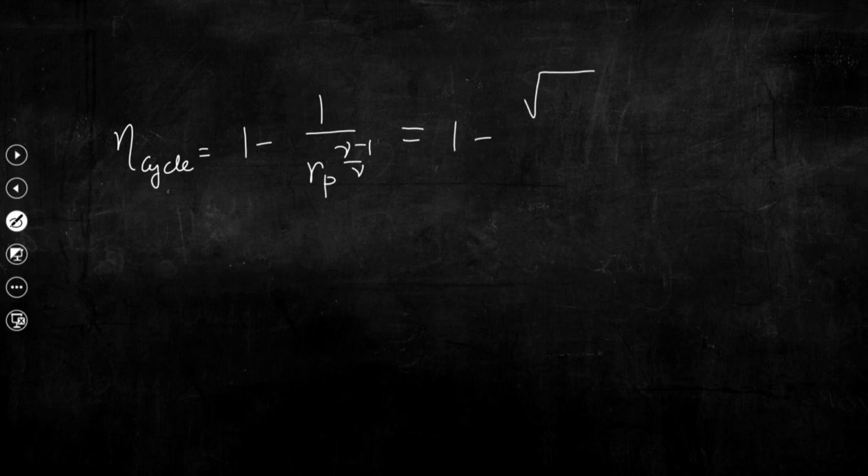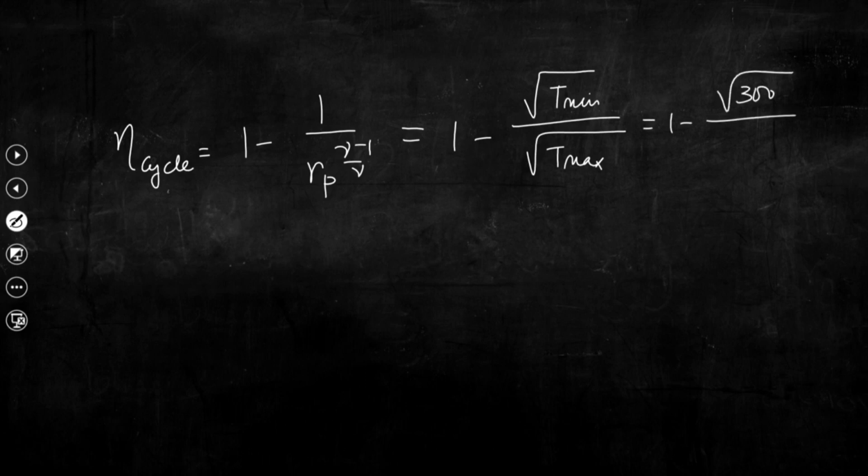So, we know eta cycle equal to 1 minus 1 upon Rp power gamma minus 1 upon gamma. This also can be written in terms of the maximum and minimum temperature of the cycle. This also we could establish, that cycle efficiency corresponding to optimum value of Rp is 1 minus root T min divided by root T max, and if we plug in the values, it is 1 minus root 300 divided by root 1150, and this is coming as 48.92%.